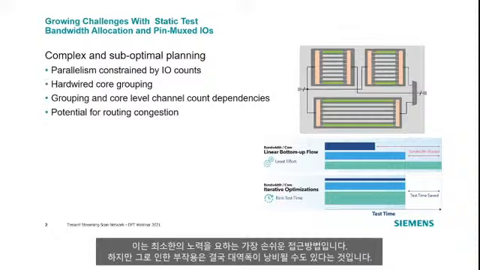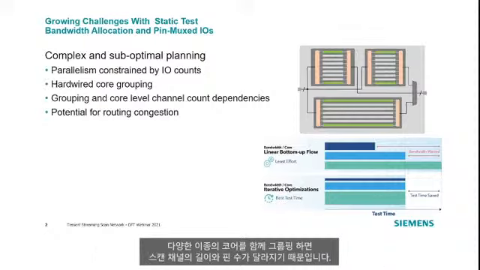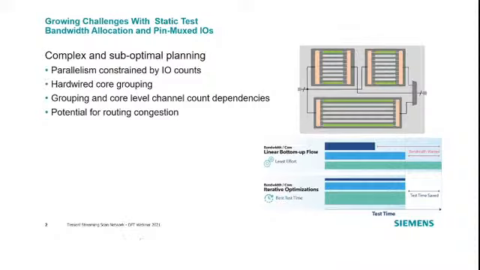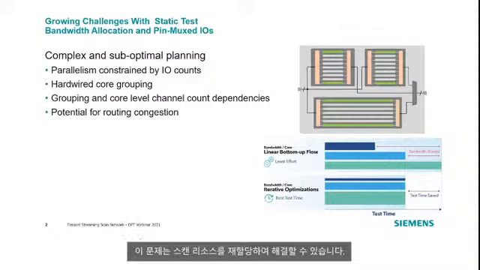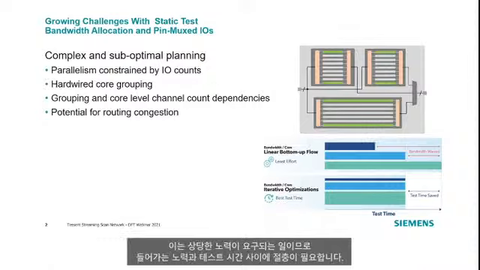But as a side effect, you might end up wasting bandwidth because the different cores that you group together end up having different scan chain length or different pattern count. You can address that by reallocating the scan resources, for instance, allocating fewer scan channels to the cores that require less data. That means reconfiguring compression, rerouting the scan channels, regenerating patterns, and this is a lot of effort. So you often have to make a compromise between effort and test time.